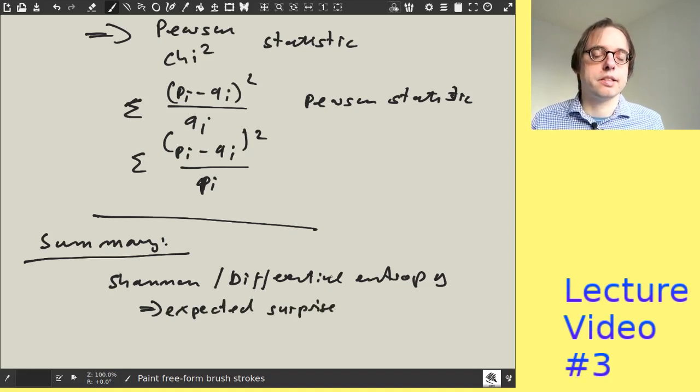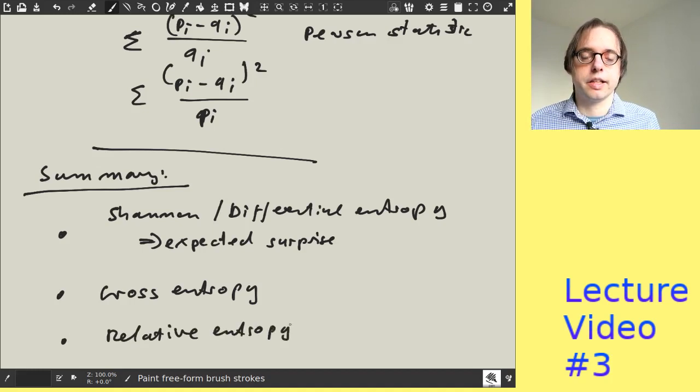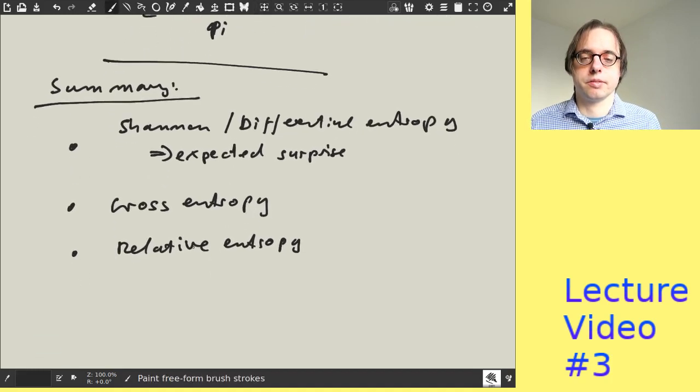And the higher this is, the more uniform the distribution is. Then we have the cross entropy, and from the cross entropy and the Shannon entropy we compute the relative entropy. And the relative entropy characterizes the similarity of distributions.